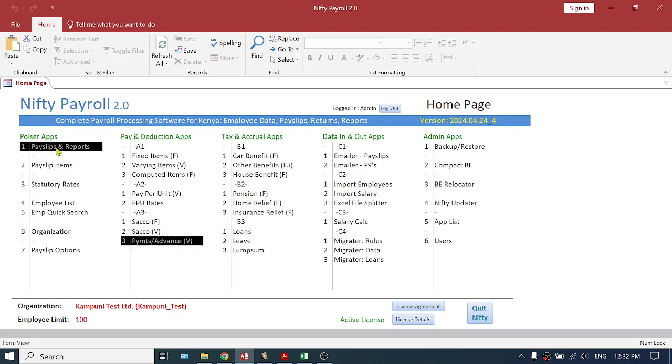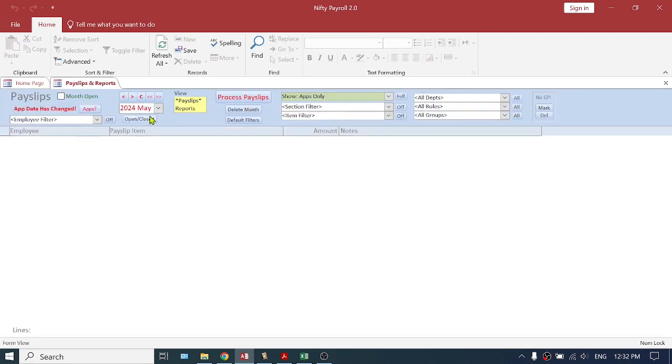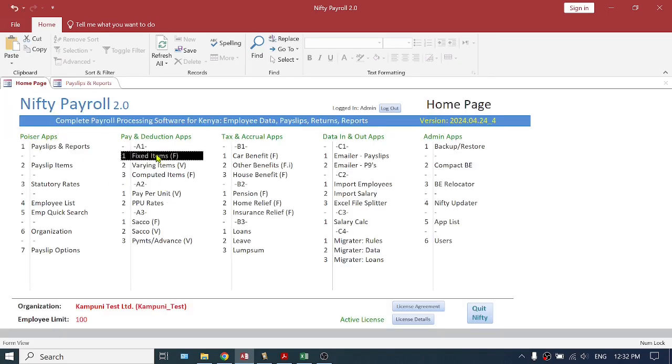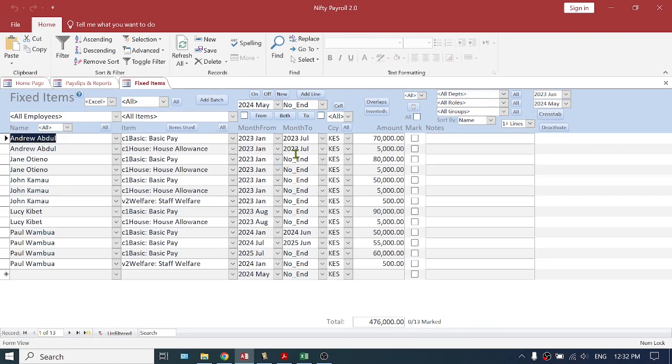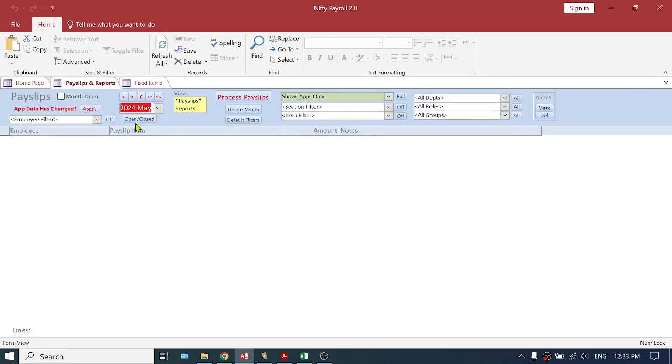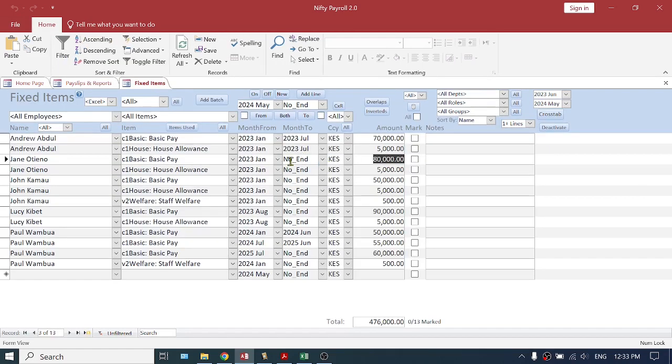So how does this translate to the payroll? Now we are in May. If I go to the fixed items, May 2024 falls somewhere in between these two for most people. If we take this 2023 January to no end, it means starting 2023, and I don't know when this will go on to. It will be forever until I change it. So in payslips of May, it will pick this amount for this person.